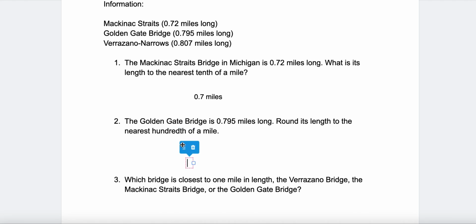So there is a 5, which makes 9 round up. Now what do we do? Because we can't write 10 in between, you're going to write 0.80. Don't forget the 0, because it asked for hundredth, and if you just put 0.8, that's basically rounding to the tenth place. So you always have to add an extra 0 if they're asking for hundredth or even thousandth.